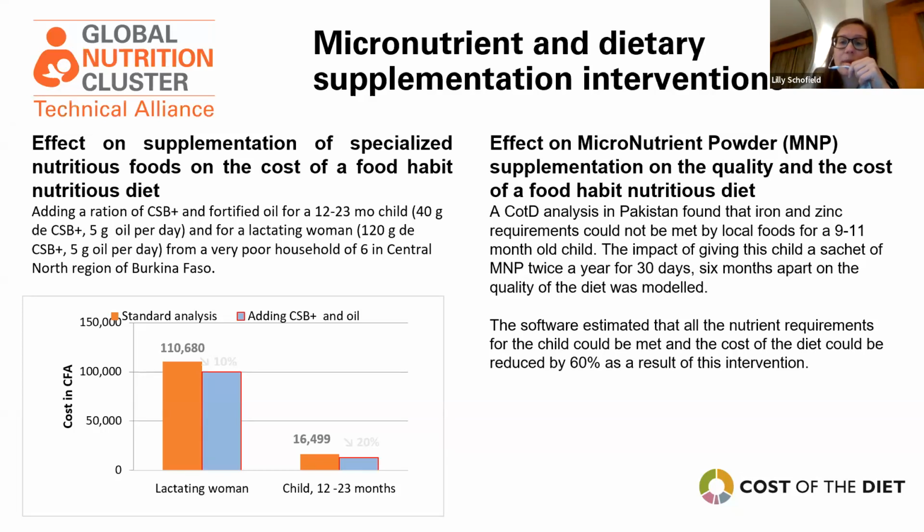This is an example from Pakistan, a particularly resource-constrained environment, where we modeled a 6-monthly short-term intervention of MMP and found that it significantly reduced the cost of the diet for a child 9 to 11 months. It didn't have a very big impact on the cost of the whole household's diet, but for the child, it was really impactful in terms of improving the quality of the diet, but also reducing that cost. Next slide, please.